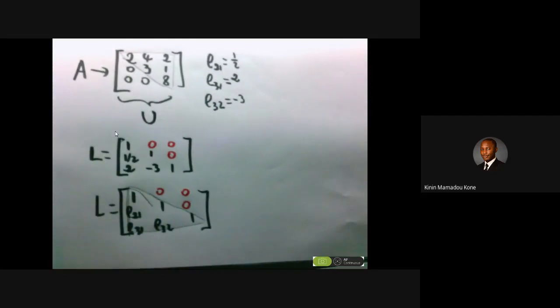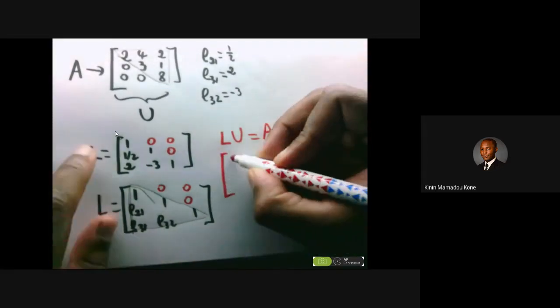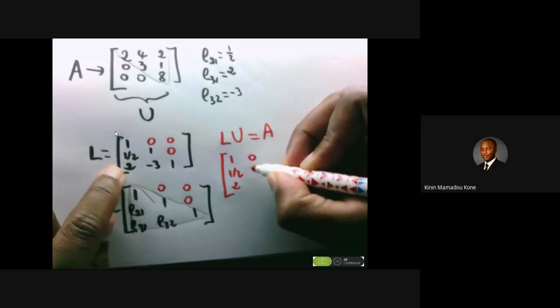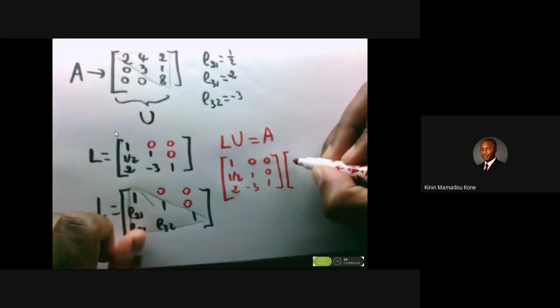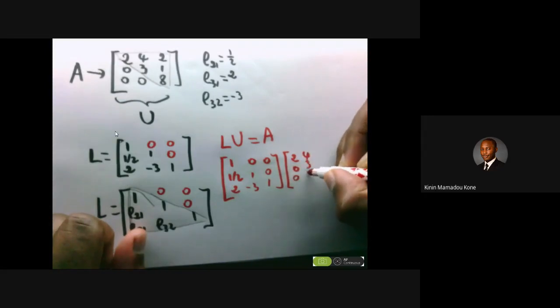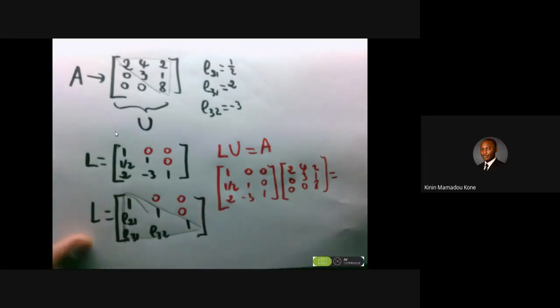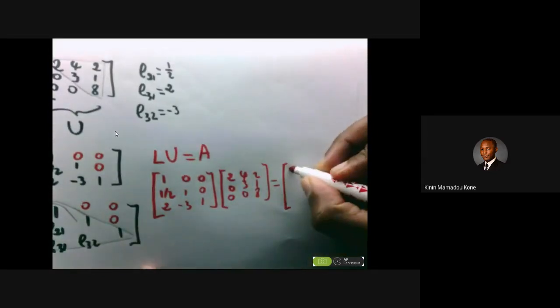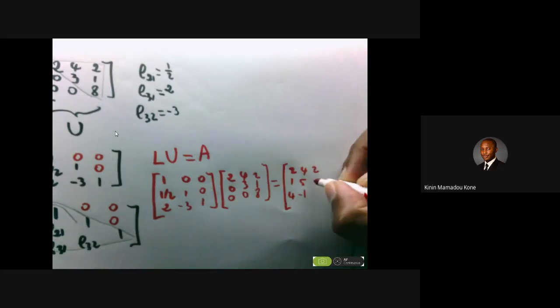The factorization is that if we do the L matrix multiplied by the U matrix, we will get the matrix A. For example, if I do 1, 0, 0, one half, 1, 0, 2, negative 3, 1, multiplied by the U matrix that I found over here, I'll obtain the original A matrix, which was 2, 1, 4, 4, 5, negative 1, 2, 2, 9.